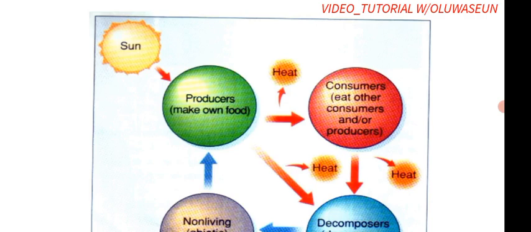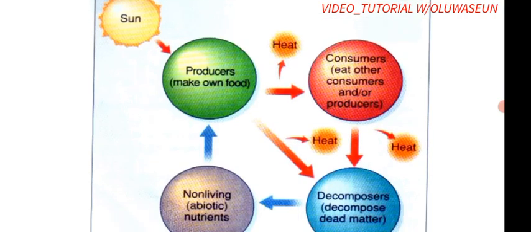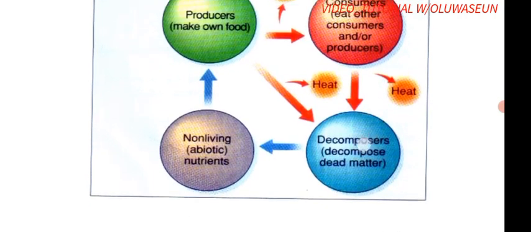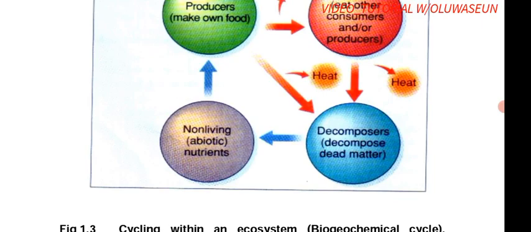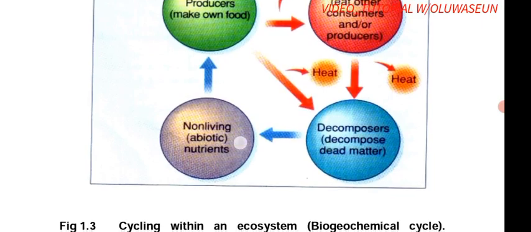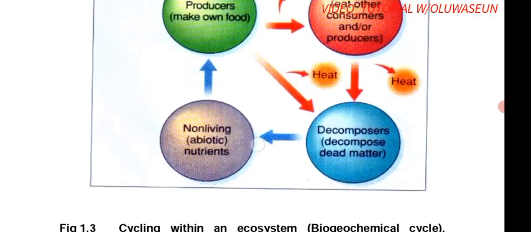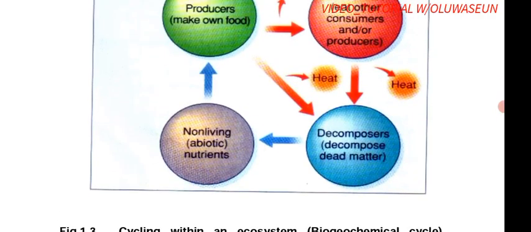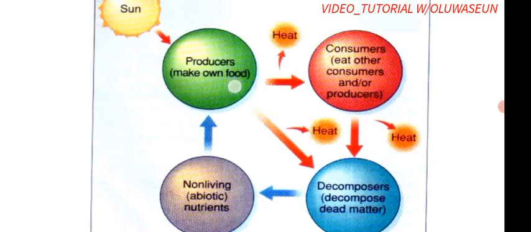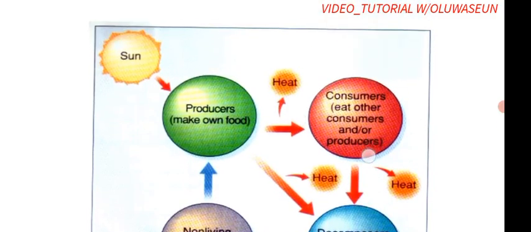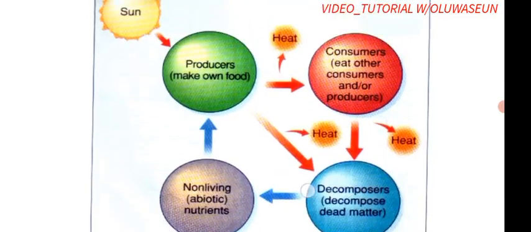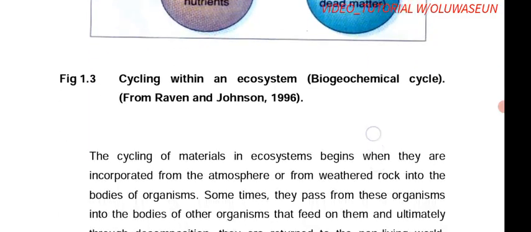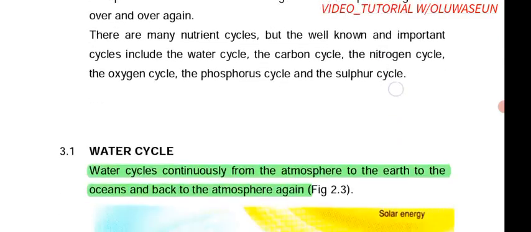Then producers make use of the sun to produce food, which is eaten by the consumer. Then they will decompose. Decomposers will also work on them and turn them into non-living nutrients, which will be taken up again by plants. This is how the whole cycle begins.